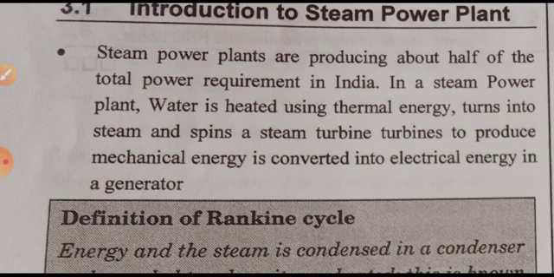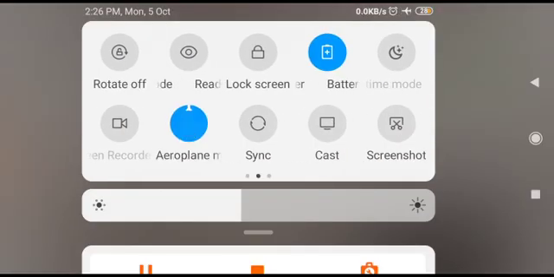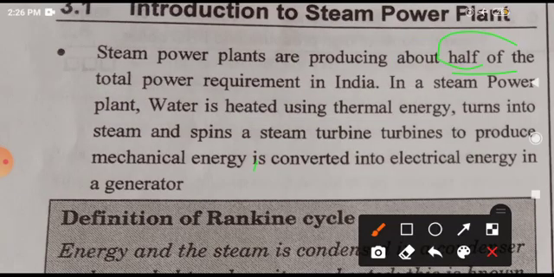About half of the total power, which is generated by different means, is produced by coal. In a steam power plant, water is heated using thermal energy, turns into steam and spins a steam turbine to produce mechanical energy, which is converted into electrical energy in a generator.